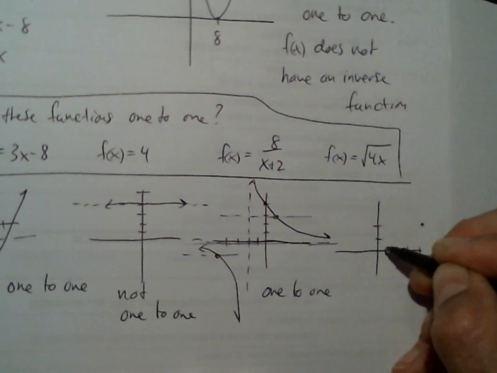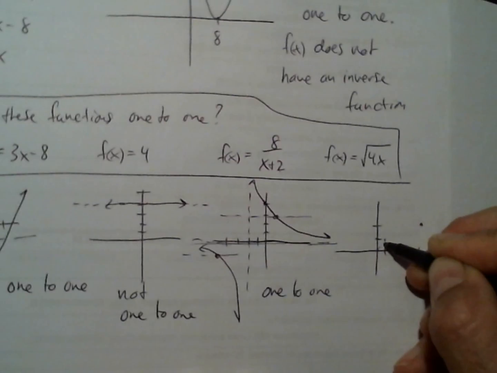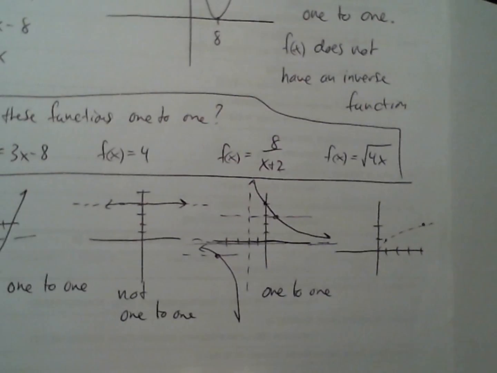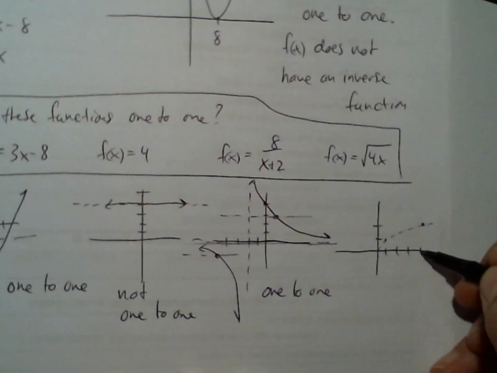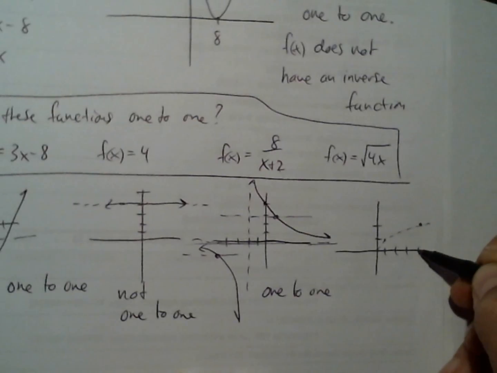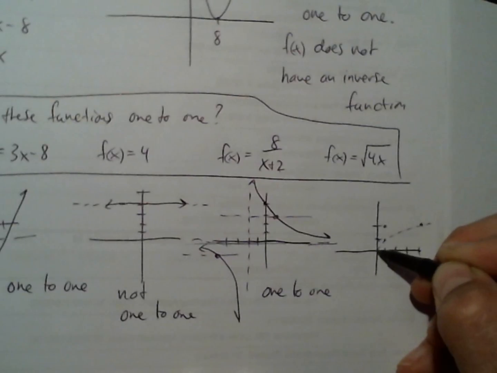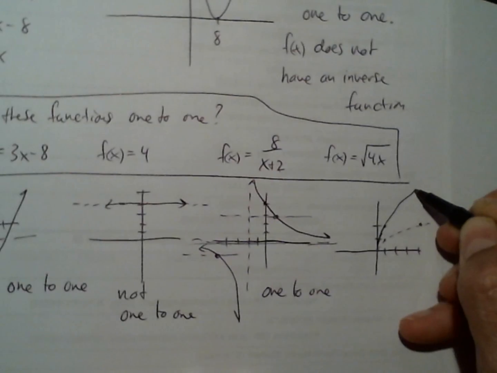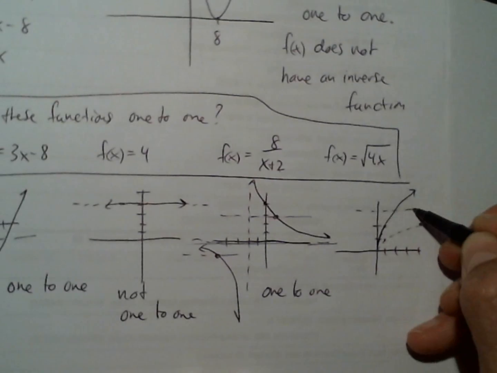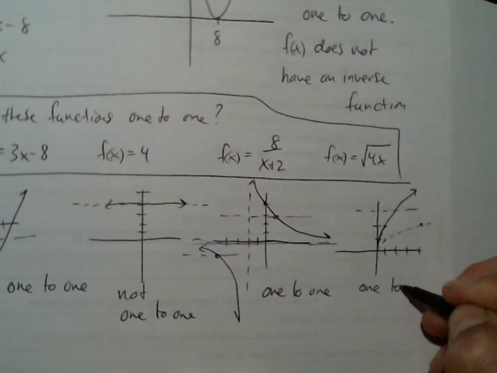If this is the parent function, and then we divide all the x values by 4, here's the x value of 4. Well, now it's going to occur at 1. And then this is going to occur at 1/4, so we just get the graph doing that. But it does pass the horizontal line test, so it's 1 to 1.